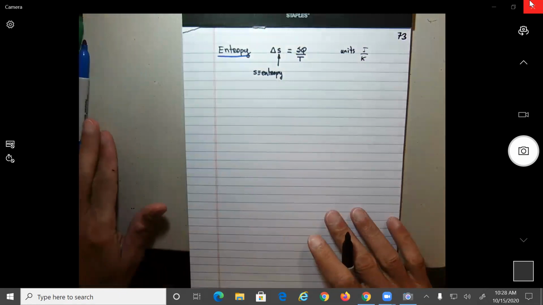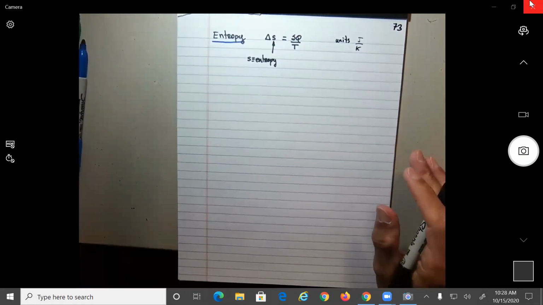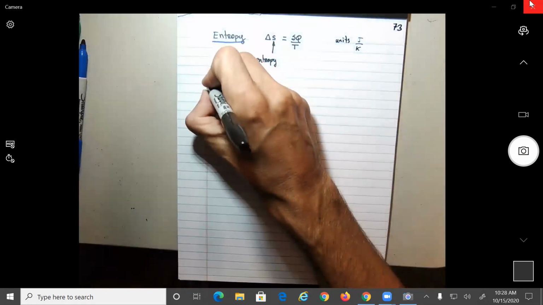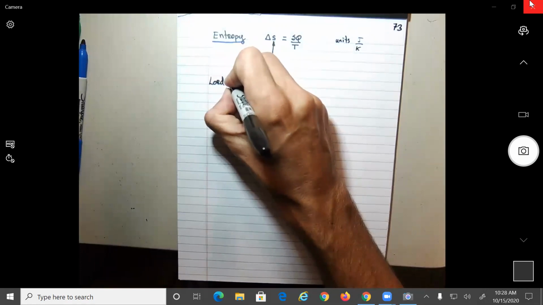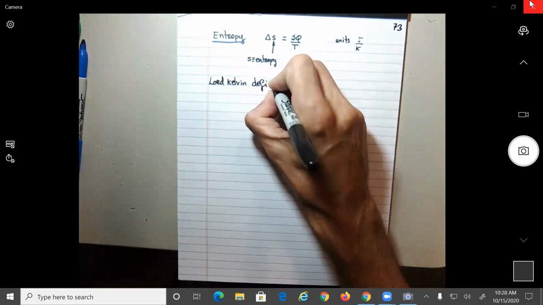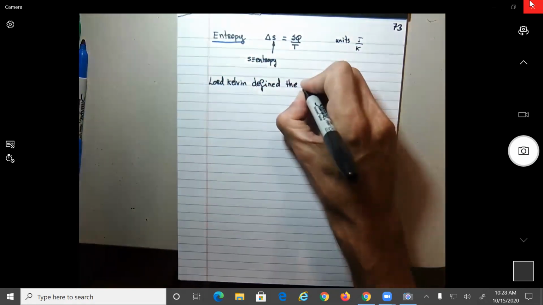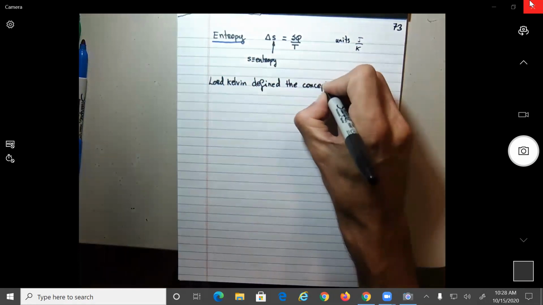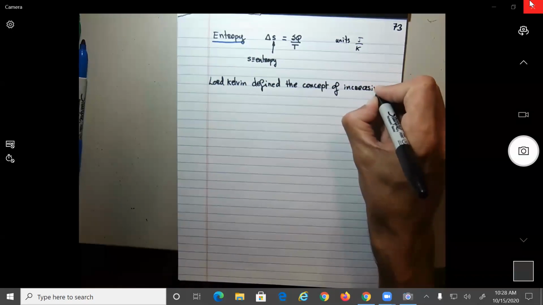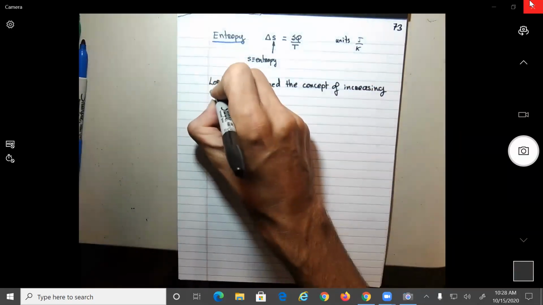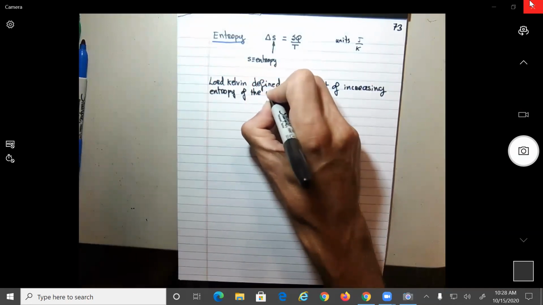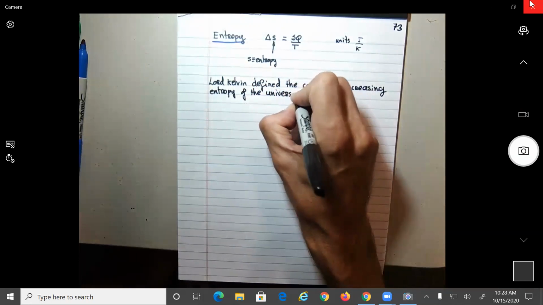Now comes something that I'm going to do now so we don't create confusion. Lord Kelvin defined the concept of increasing entropy of the universe.